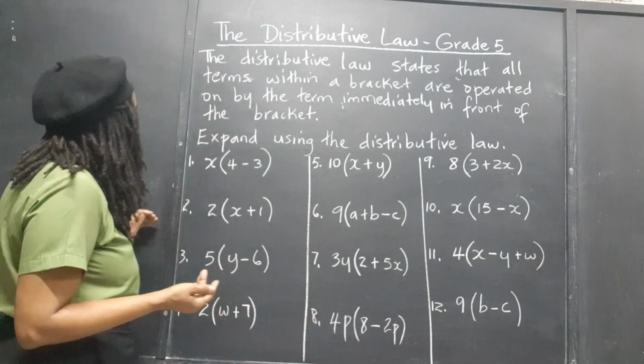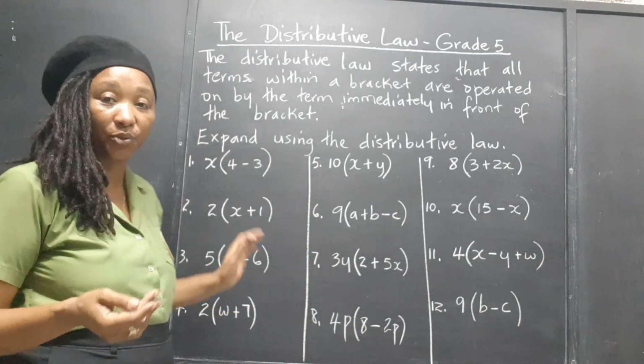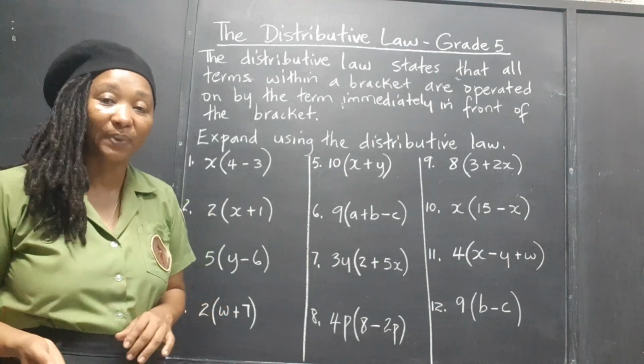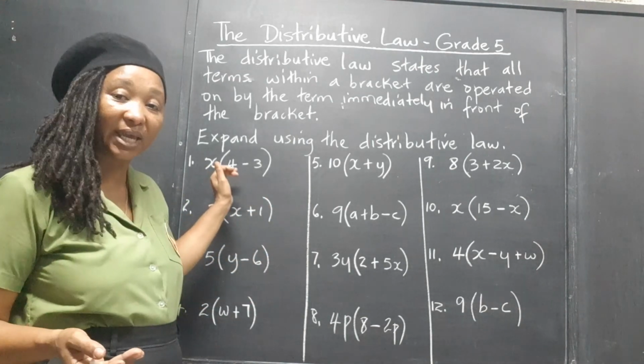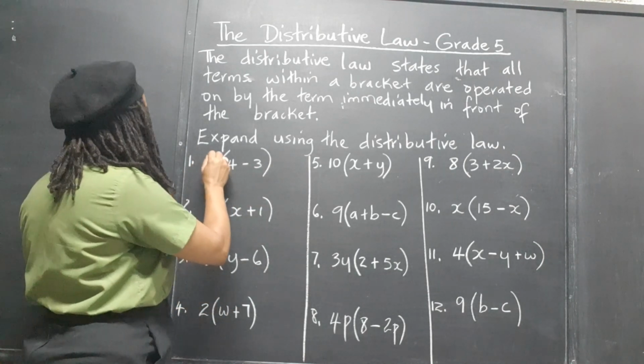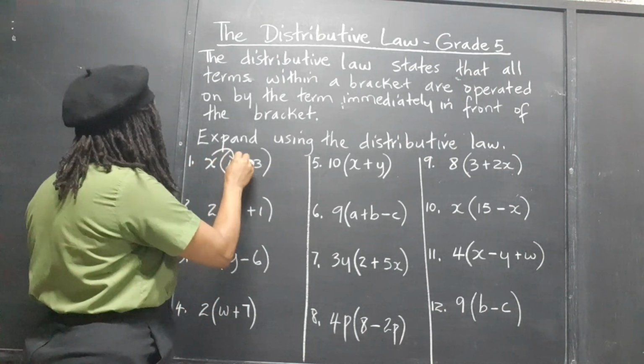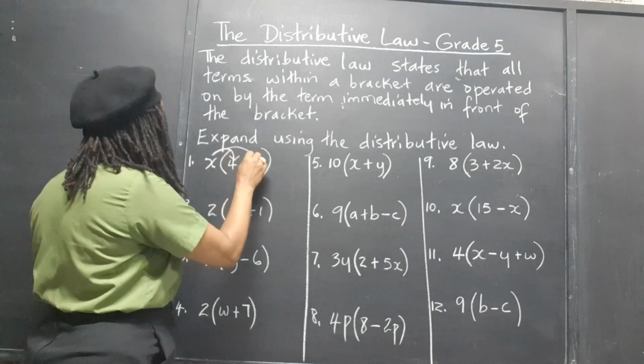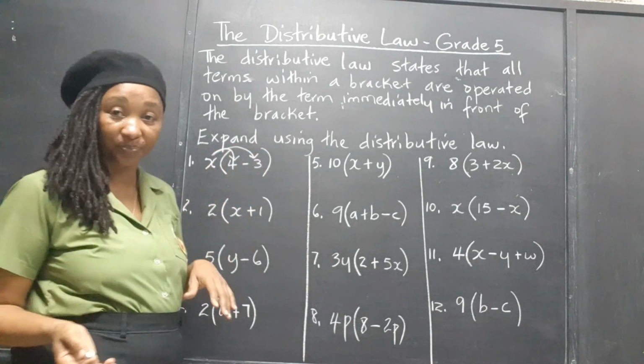Right? Sometimes we use arrows to show that we're multiplying the term in front of the bracket by everything. So sometimes we use arrows, for example, x times 4, x times 3.